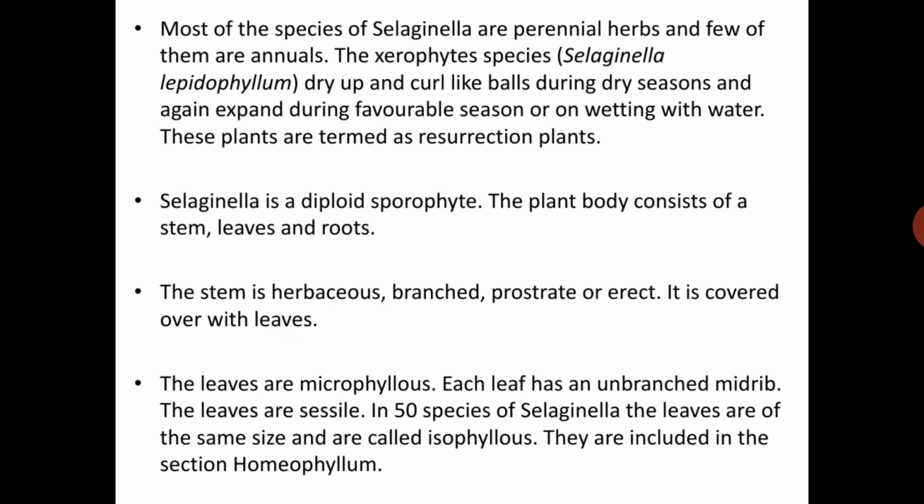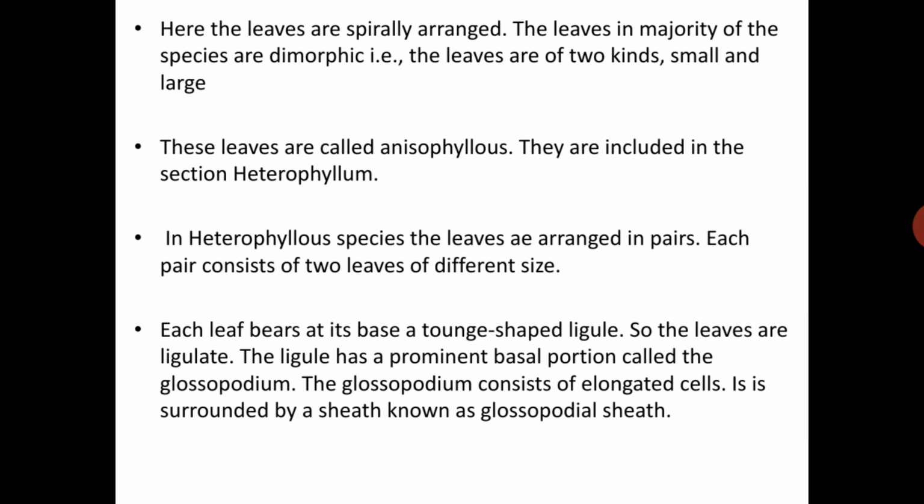The leaves are sessile. In 50 species of Selaginella, the leaves are the same size and are called isophyllous. They are included in the section Homophyllum. So the common type of leaves are placed under Homophyllum, and the other is Heterophyllum. Here in Homophyllum the leaves are spirally arranged.